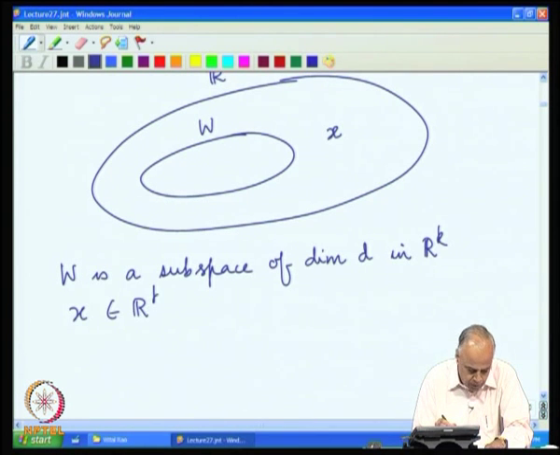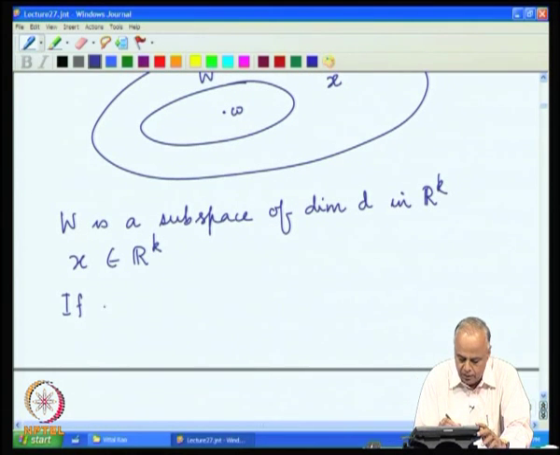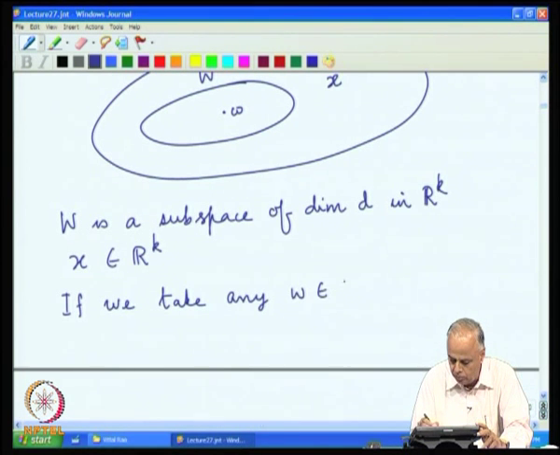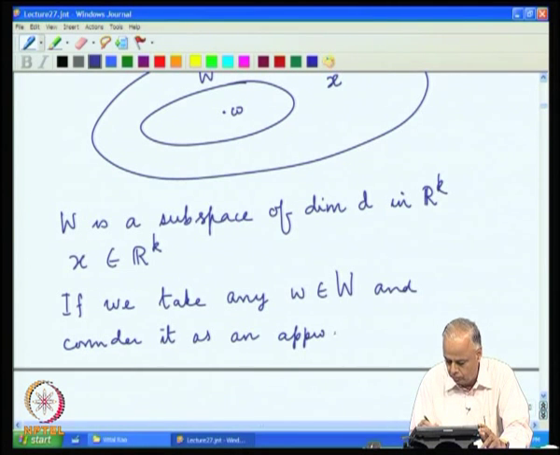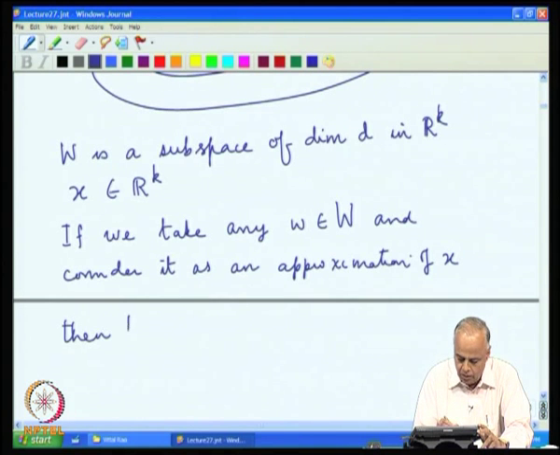Now, we would like to try to approximate this vector x with a vector w in W. So, if we take any w in W and consider it as an approximation of x, then the error is quantified.